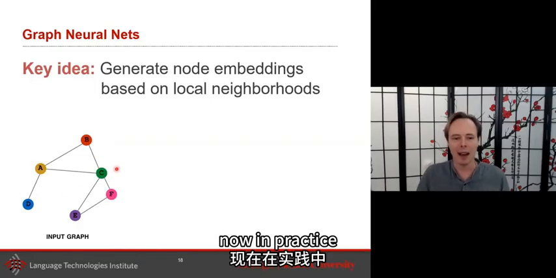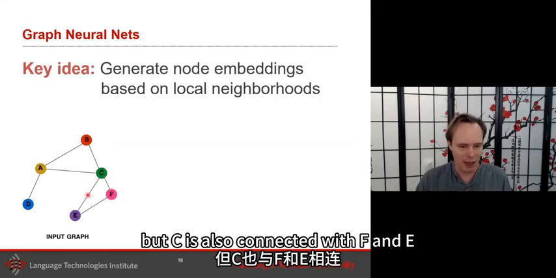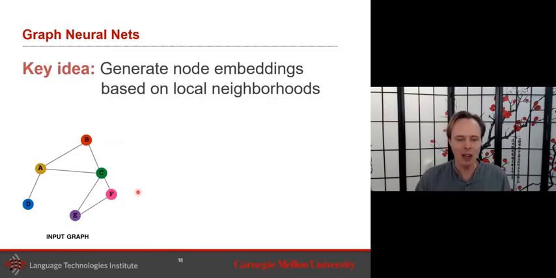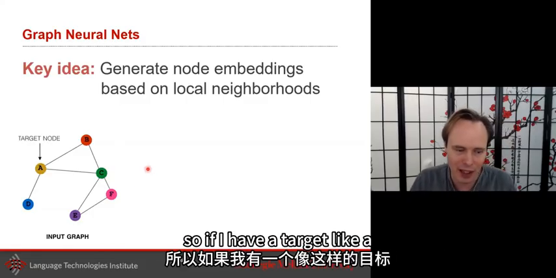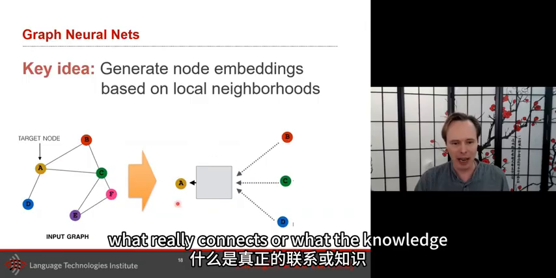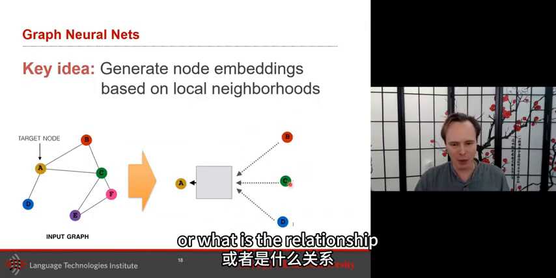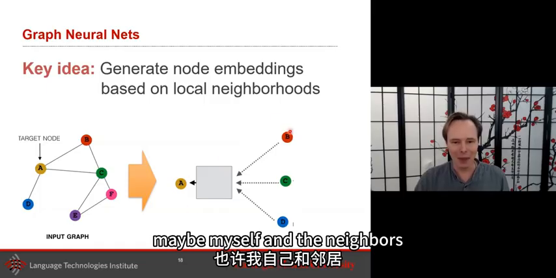Now, in practice, B can also be connected with C, but C is also connected with F and E. So A indirectly should have a connection with F and E. But at the first level, we want to keep it local. So if I have a target like A, at the first level we ask what the messages I want to get are, or what the relationship is: my neighbors and myself, maybe myself and the neighbors.